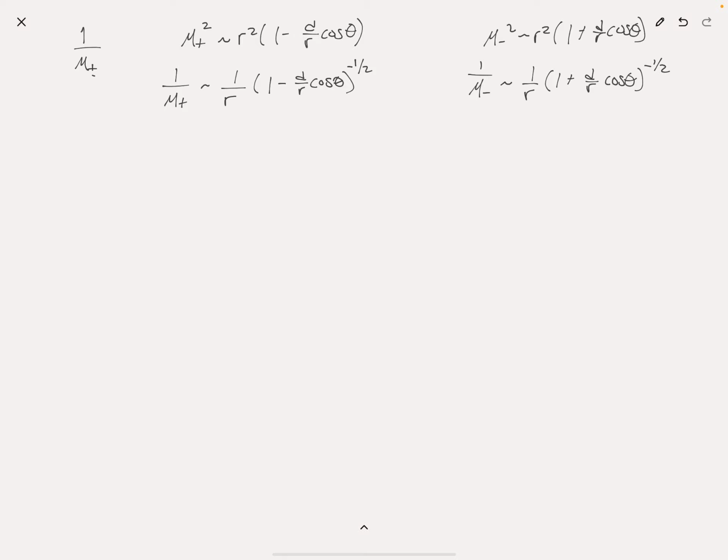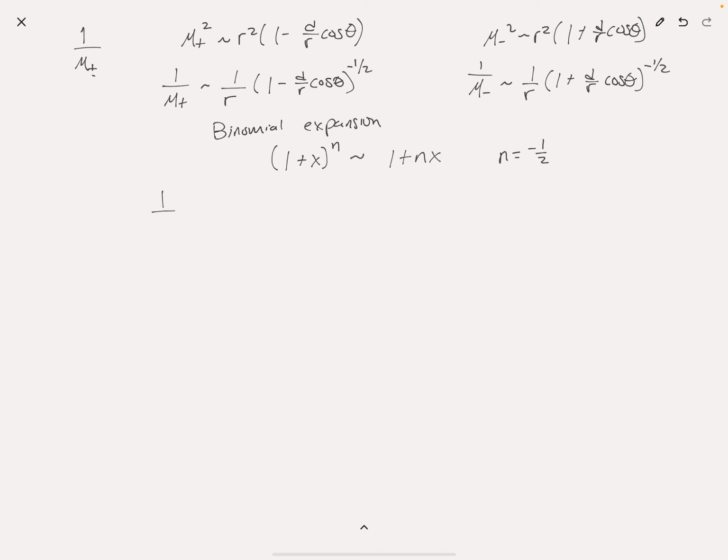I'm going to apply now the binomial expansion, which says that 1 plus x to the n, if x is small, can be written as 1 plus nx. Okay, in our case, x is this term in our expression, and n is going to be minus 1/2. And we know that x is small because d is much, much smaller than r.